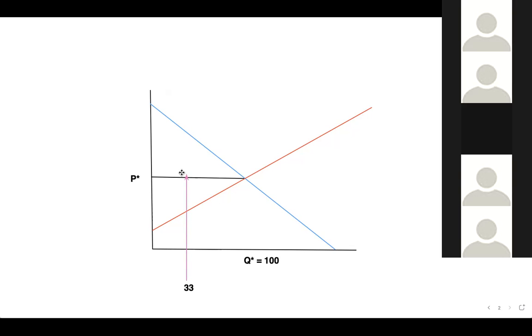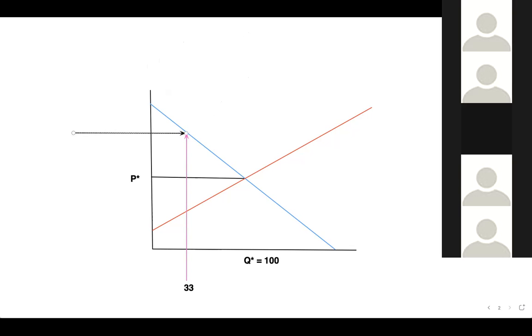All I have to do is, if Q is equal to 33, go up to the demand curve. And remember, one of the things that we often say in passing until we get to this point is that the height of the demand curve there is going to be some value.